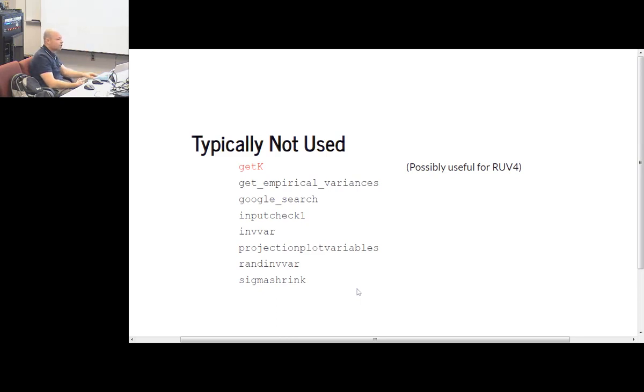This is a function that returns a number k, which is the number of factors that you might want to adjust for. I want to point out that this function should not be relied upon. At best, it will occasionally be useful for an RUV4 analysis, but in general, it's not something that you want to rely on.